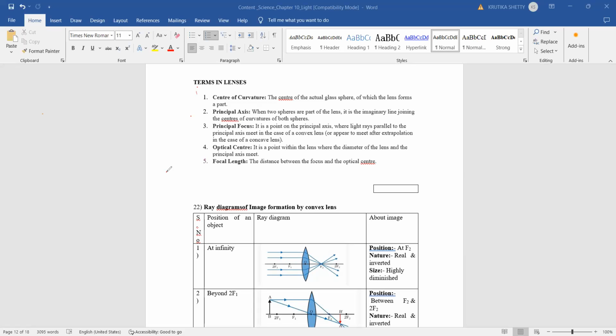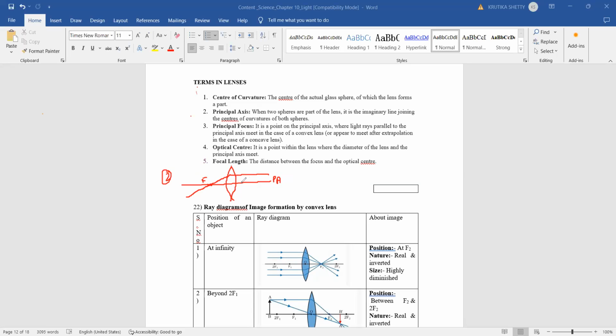Now the second set of lines is exactly reverse. This is the principal axis, this is the lens, and this is the principal focus. Any ray which is passing through principal focus and touching the lens, after refraction in the lens, will go parallel to the principal axis.